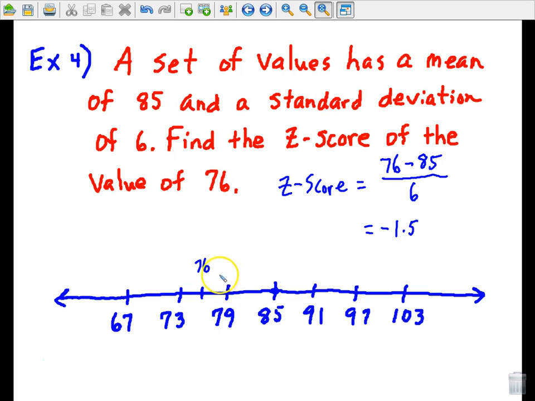And then I'm going to go another half standard deviation. And I went to the left, or in other words, the number is below the mean. And so that's kind of a reason why the z-score is negative 1.5. It's negative because it's below the mean, and it's that number of standard deviations below the mean. 1 and then another half of a standard deviation.